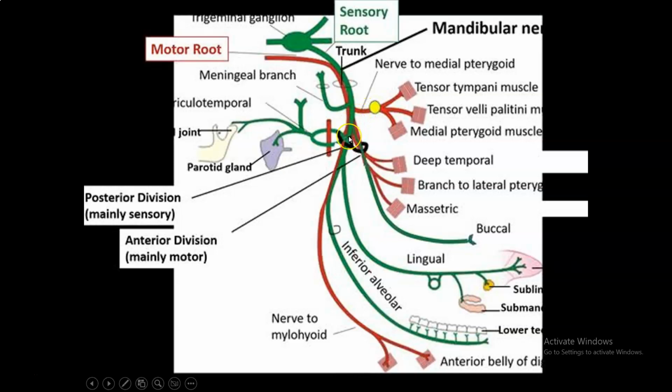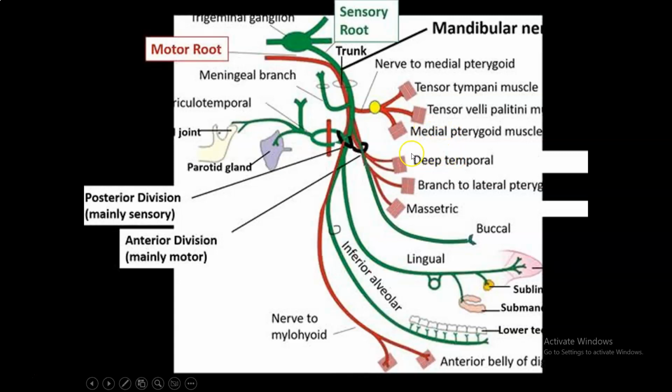Then the mandibular nerve divides into an anterior division and a posterior division. The anterior division is mainly motor and it ends as a sensory branch. The posterior division is mainly sensory. So let's talk now about the anterior division, mainly motor, giving the rest of the muscles of mastication but the medial pterygoid.